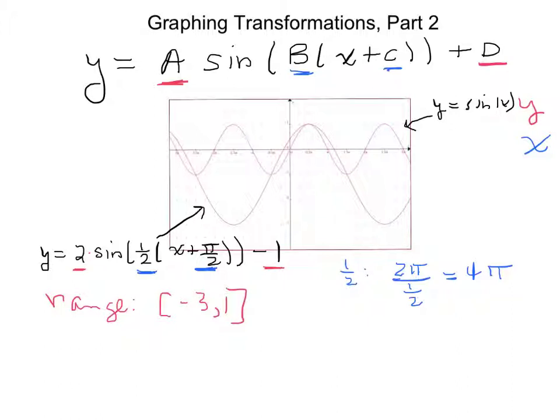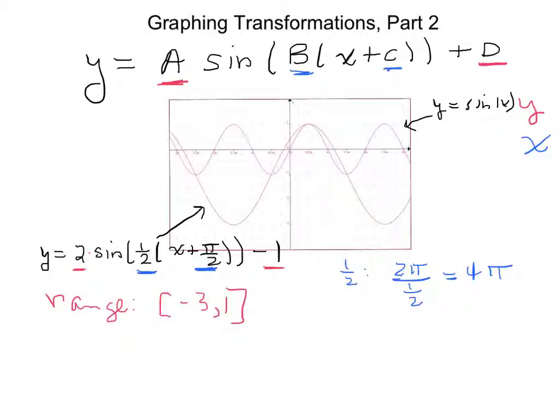If we look at this graph, we'll start, say, here, and if we go from there all the way back to here, you should be able to see that that's 4 pi. And the other change is this plus pi over 2 means that the graph of sine, the purple graph, gets shifted pi over 2 to the left, to right here. So from here to here is pi over 2.